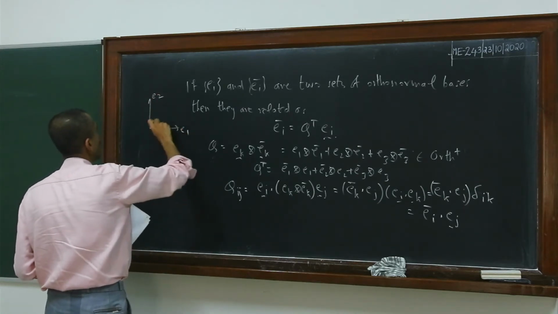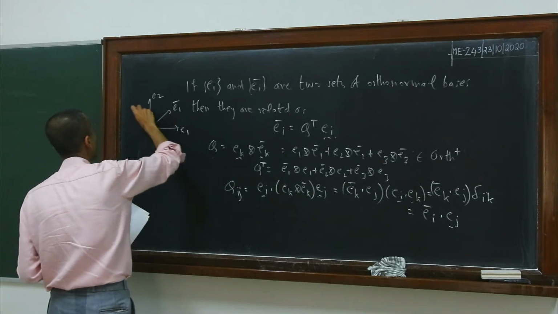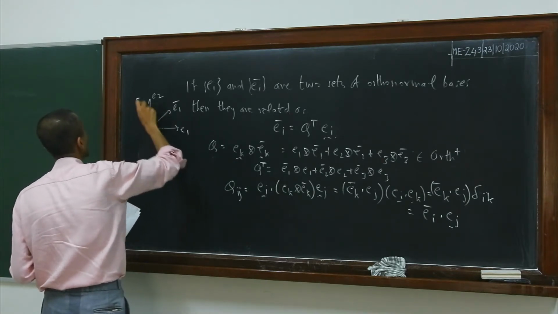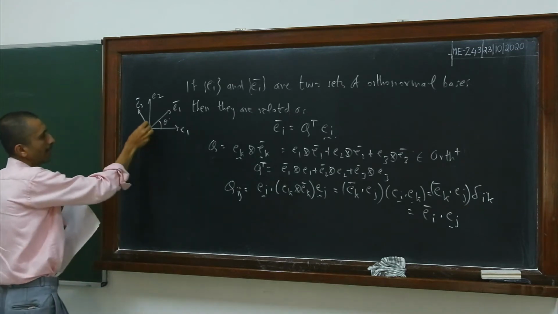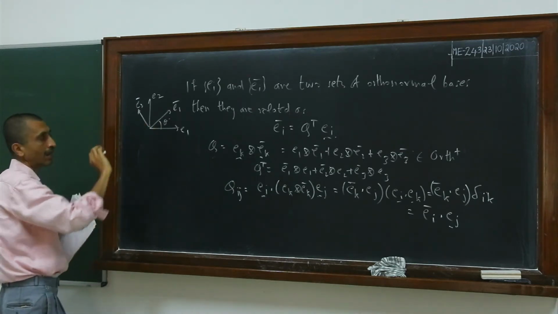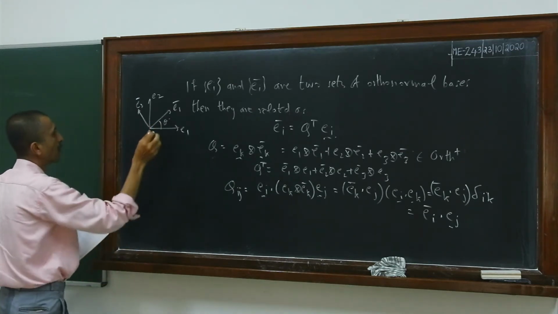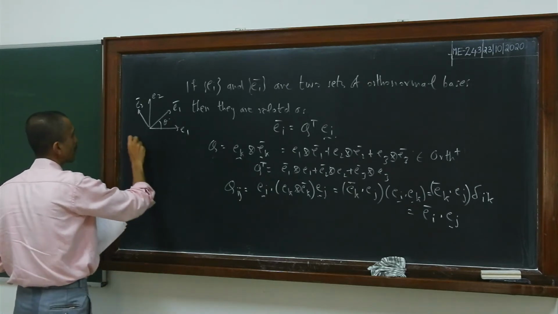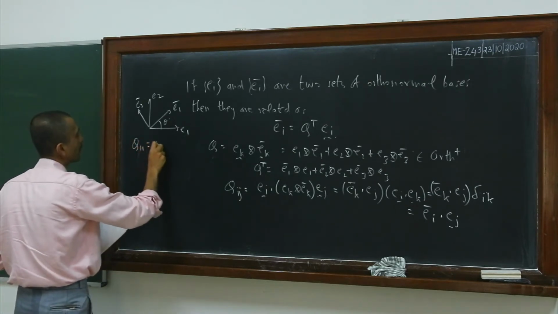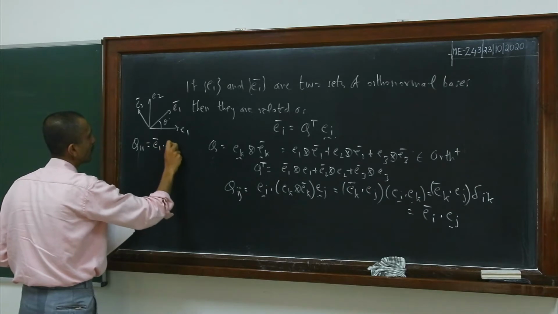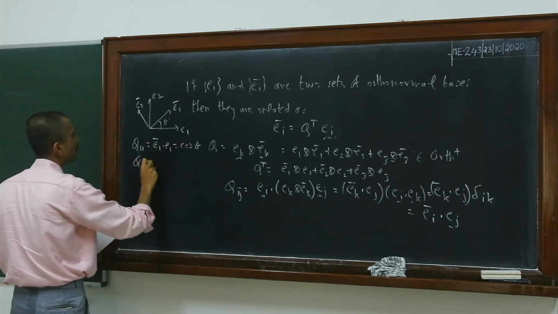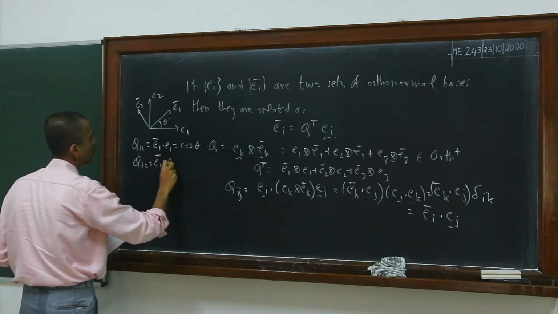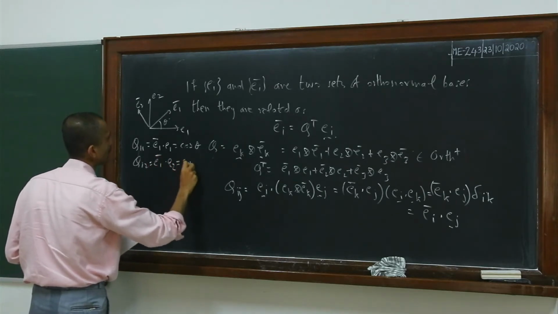So if I just take a very simple example here, suppose I take this as E1, E2, and then this I take as E1 bar, E2 bar, and let us take this angle as theta, and then imagine that the E3 and the E3 bar are the same, and they come out of the board. Then in that particular case, your Q11 will be equal to E1 bar dot E1, which will be equal to cos theta. Then your Q12 will be E1 bar dot E2, that will be equal to sin theta, and so on.